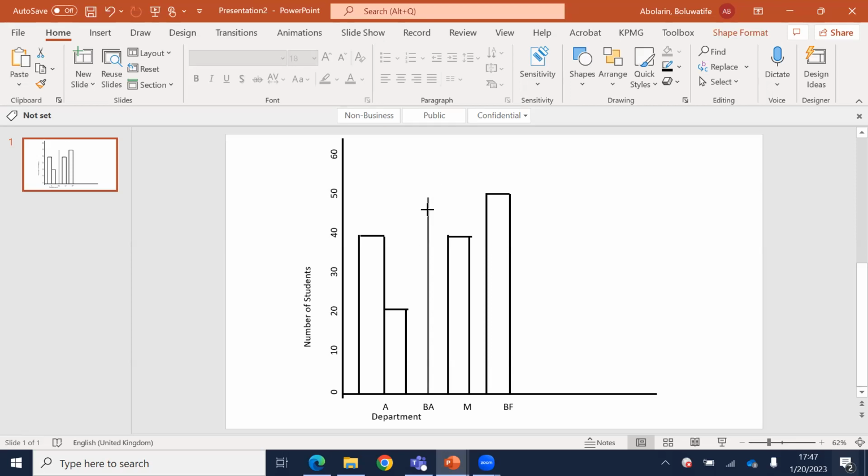So 36 will be around here. Now if we were to approximate, this is supposed to be in the middle, right? This 35 is supposed to be here. So a little bit above 35 will be 36. And that is why it's here.